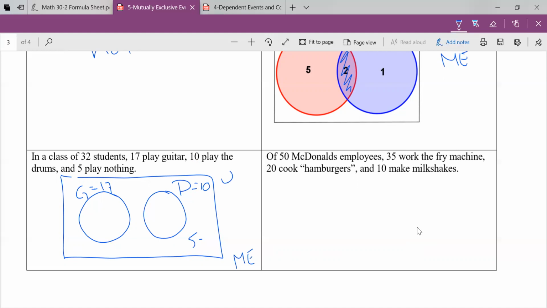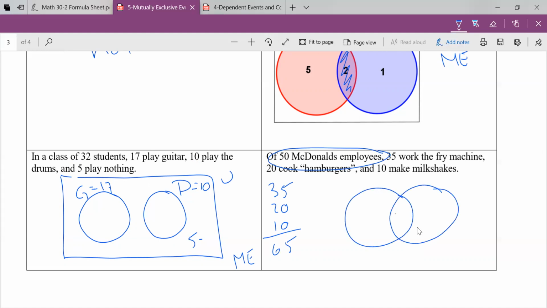Now on the next one, it says of 50 McDonald's employees, 35 work the fry machine, 20 work the hamburger machine, and 10 make milkshakes. What I want to notice is if I add these numbers up, I'm going to get 65 employees, but it says there's only 50. So what that means is there's an intersection here.